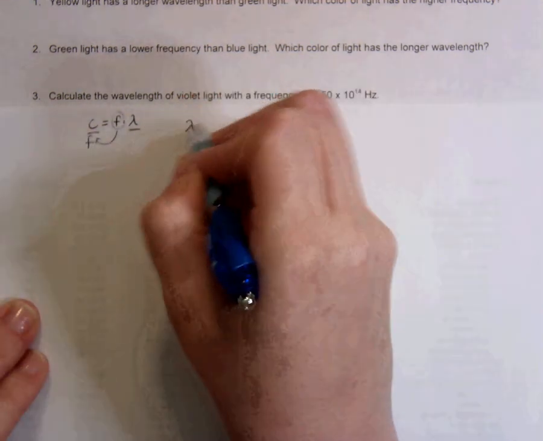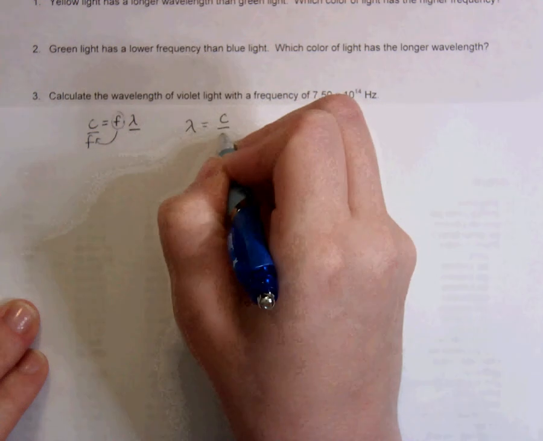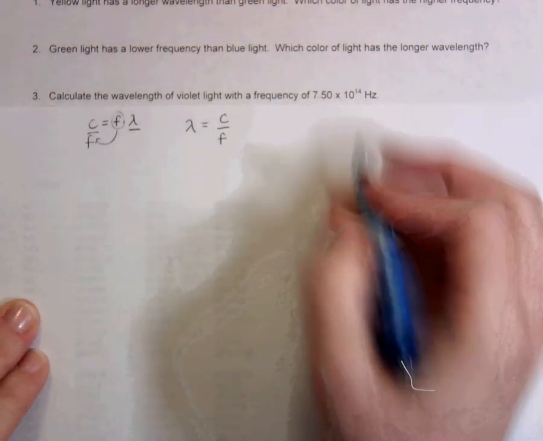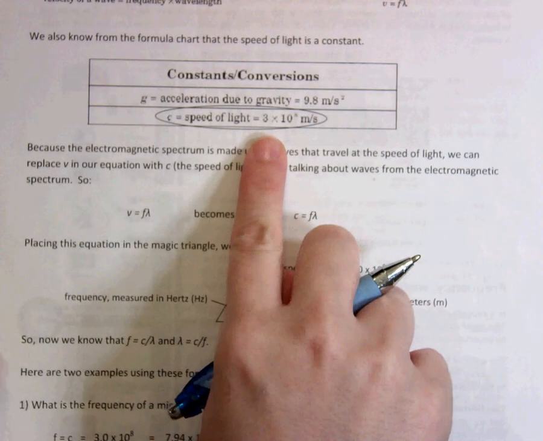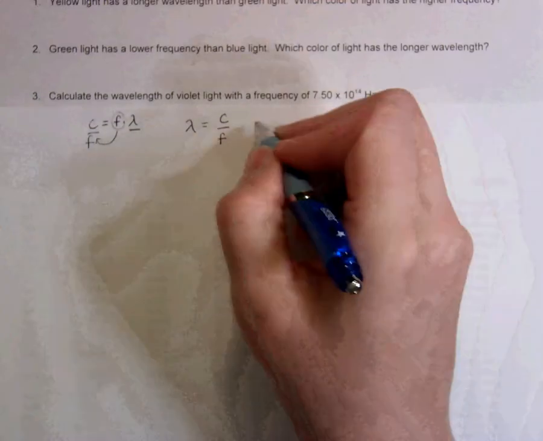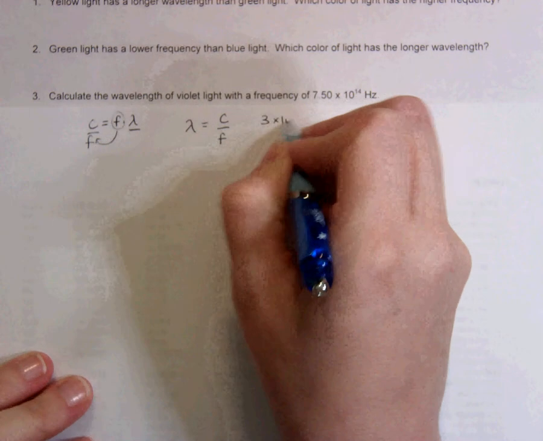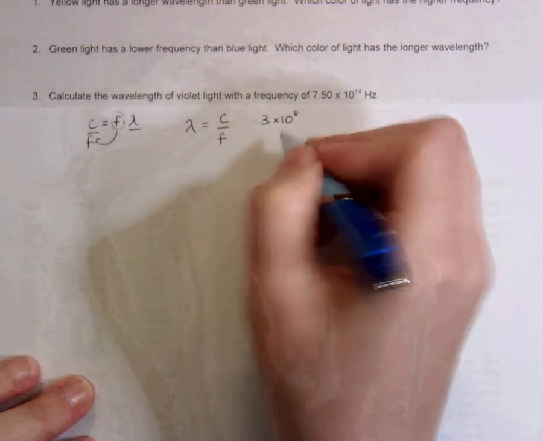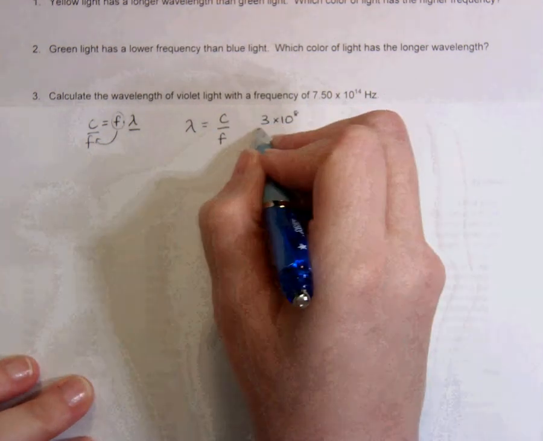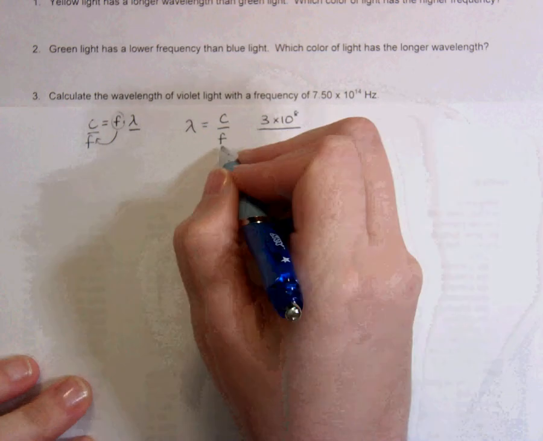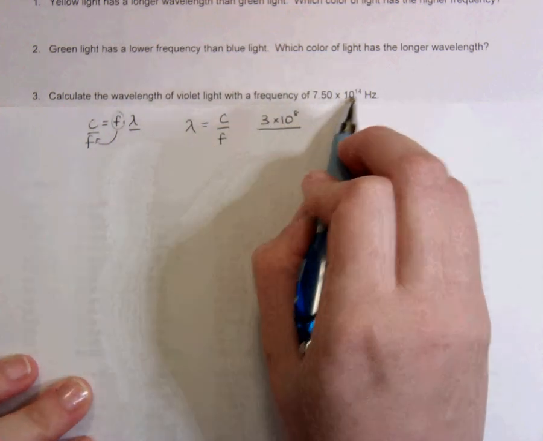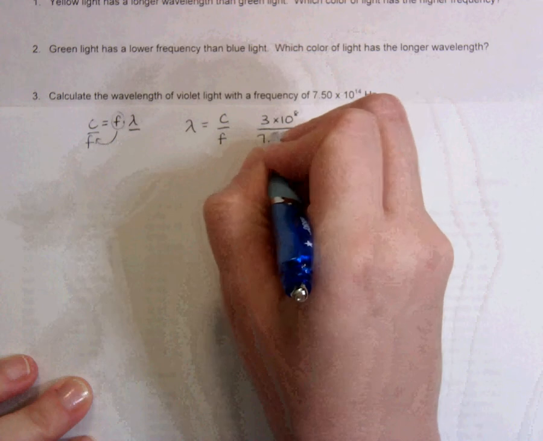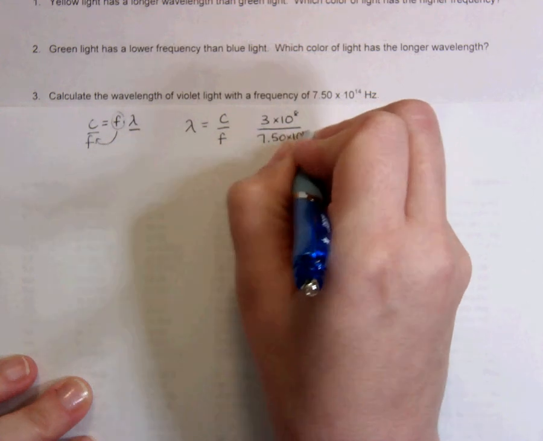So my wavelength equals speed of light divided by frequency. The speed of light, remember, is a constant from our reading material, 3 times 10 to the 8th meters per second. So I'll put 3 times 10 to the 8th as my speed of light, which is the speed of the wave, divided by the frequency, which it gives me here as 7.50 times 10 to the 14th.